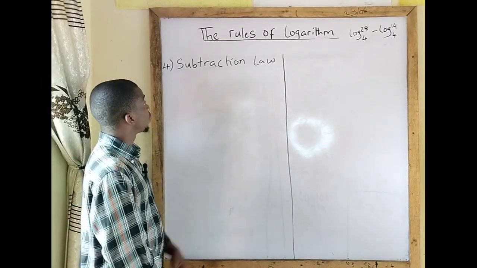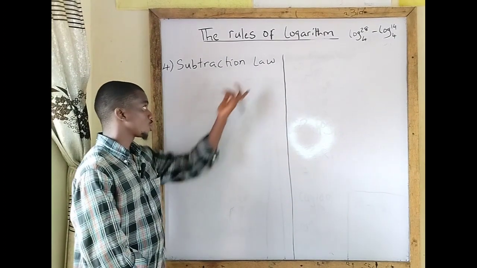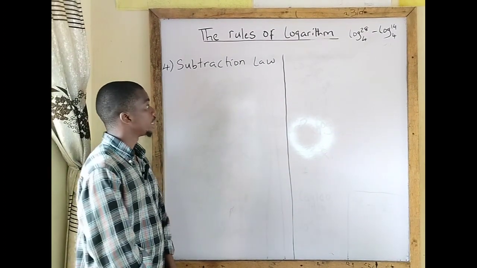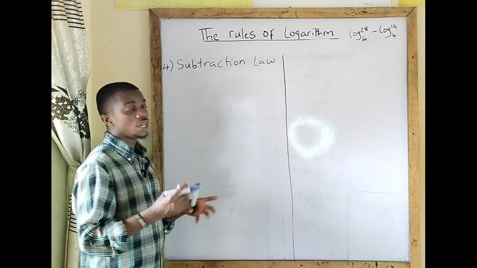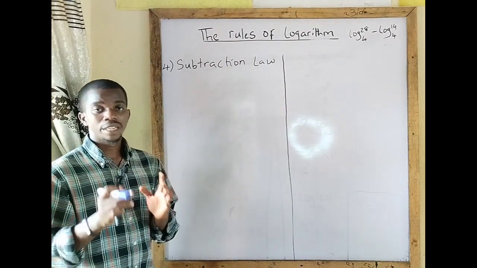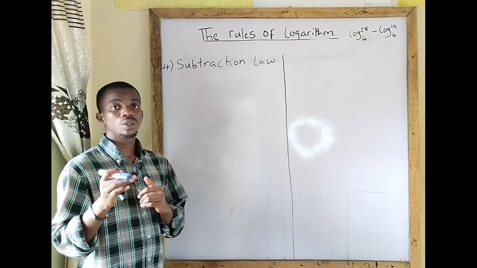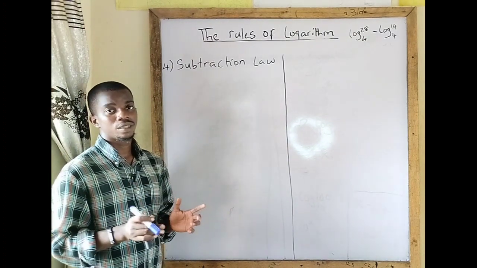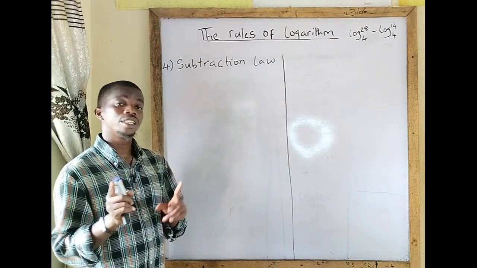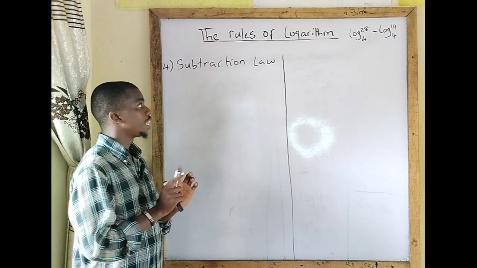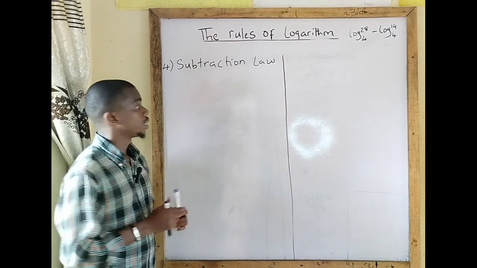The next one we are going to consider is the subtraction law or rule. This law says that whenever you have two logs being subtracted, provided the bases are the same, you take the logs to a common base and divide the numbers. This is what I mean.